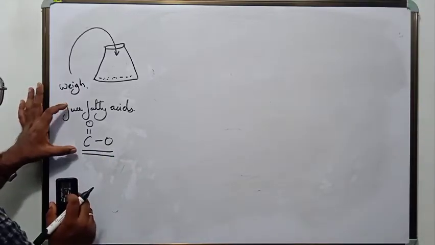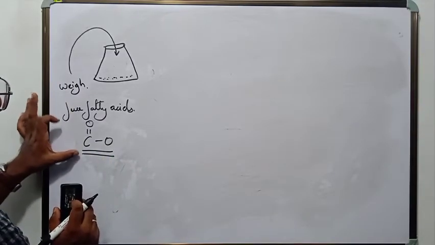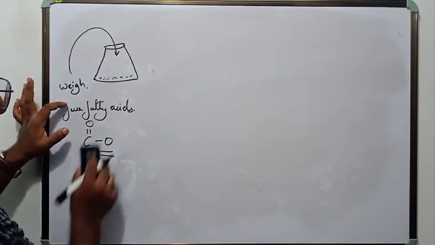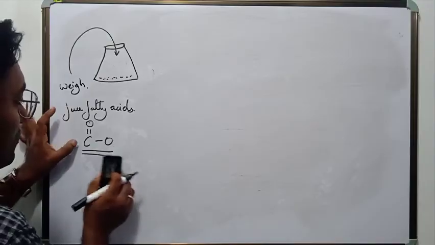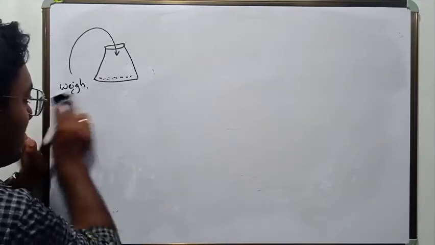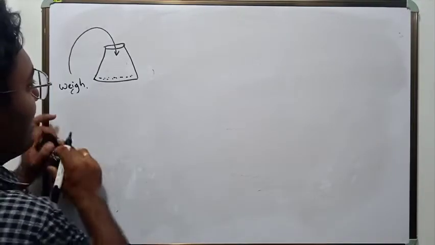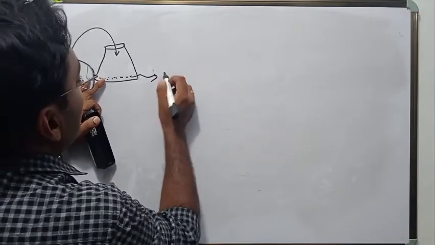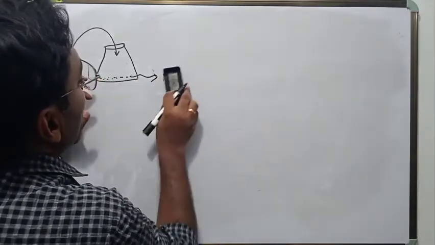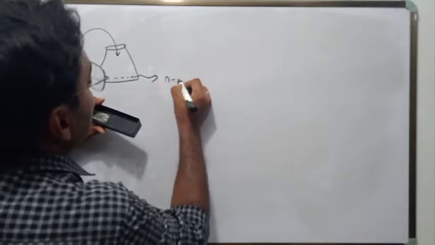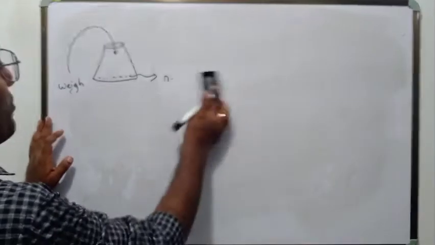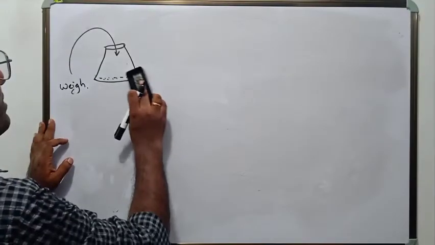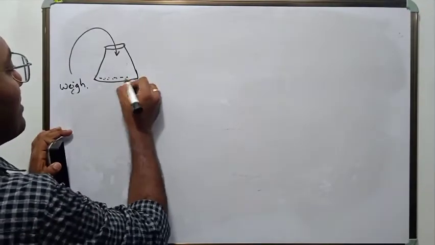It should neither have any effect on free fatty acid, nor on the ester groups of the triglyceride. So we need something that does not ionize, right? So we need a non-polar solvent. For this purpose, I use N-hexane as solvent. Now I put N-hexane in, and I made my oil sample soluble, right?